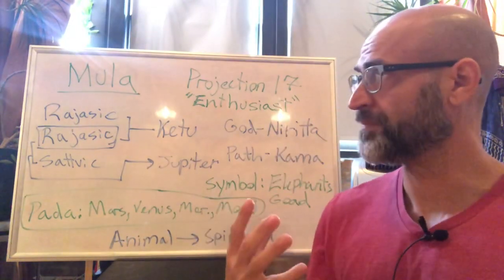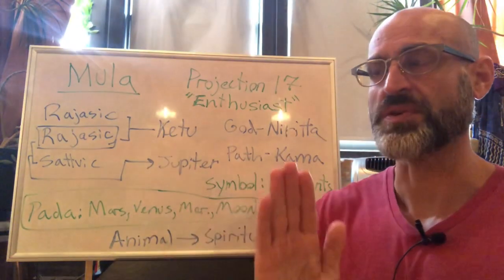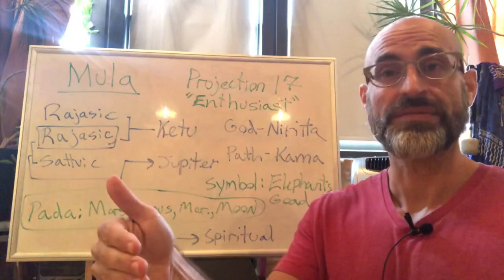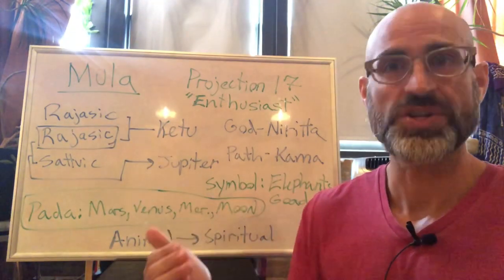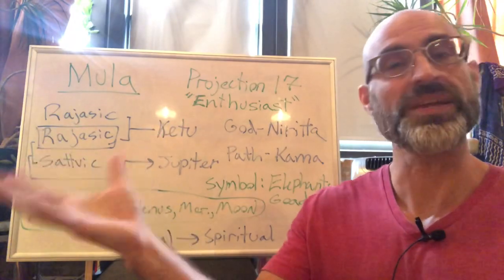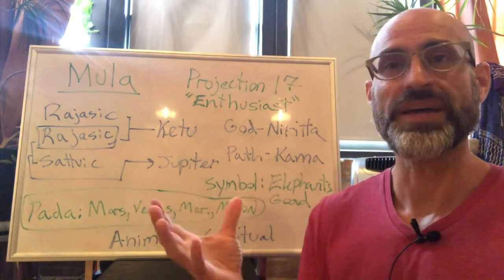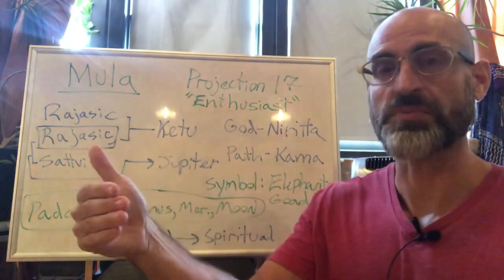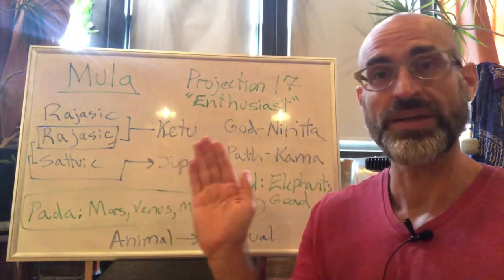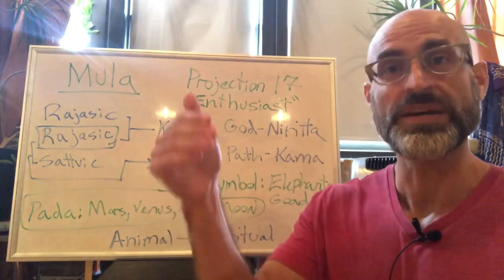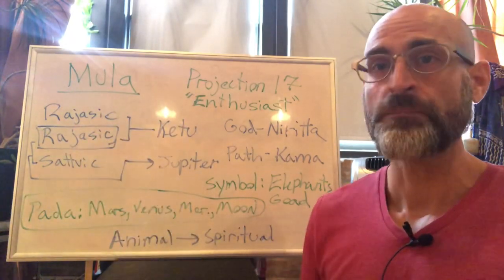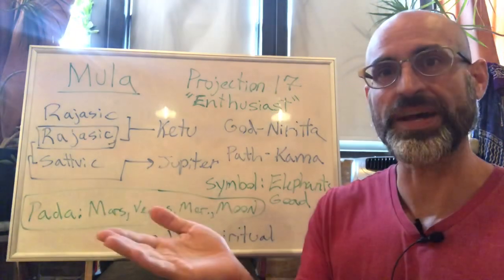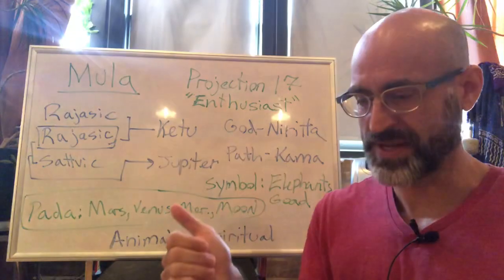Typically Scorpio is represented by transformation and death, and with every death there's the implication of something new coming after. So Mula is the early birth energy of the spiritualization process that continues for the remaining third of the zodiac, meaning Sagittarius, Capricorn, Aquarius, and Pisces. All the nakshatras within there have, as the underlying impulse, the spiritualization process.